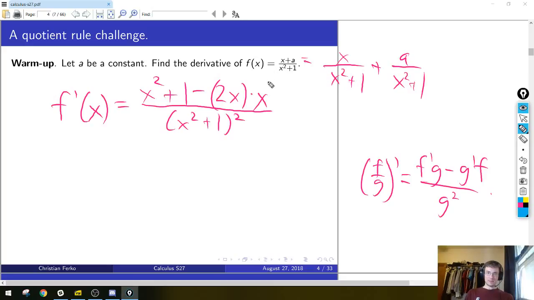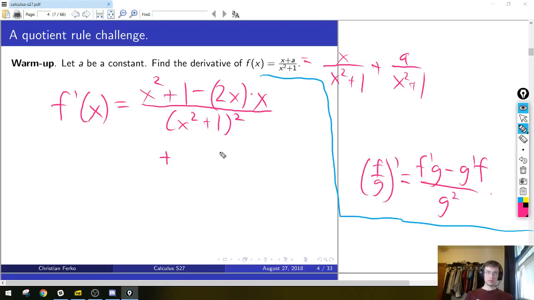We're going to run out of room here, so let me just draw a divider for my eyes. Then the second piece, which I'll write on the second line. We were taking d/dx of a. Yeah, so a is a constant which doesn't depend on x, right?